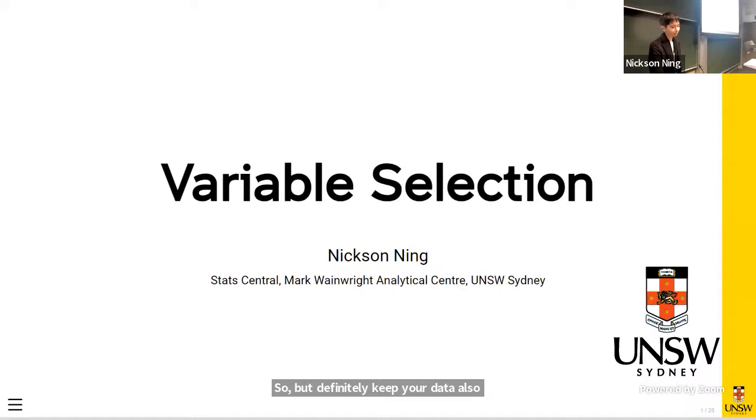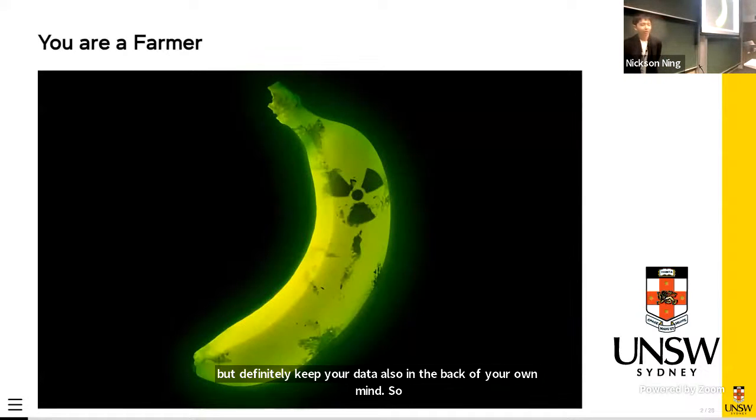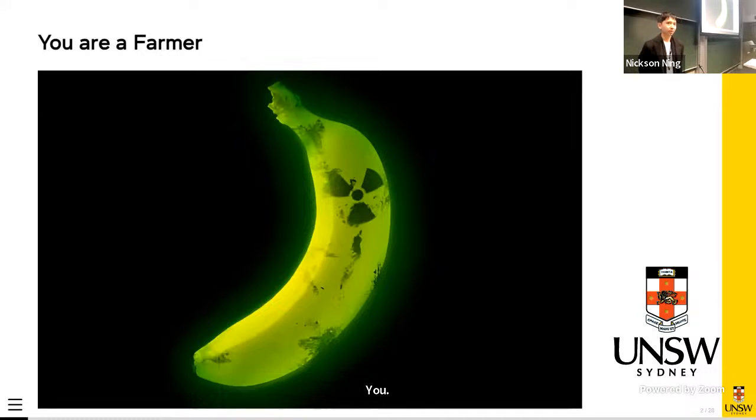So, you're a farmer. You grow bananas. That's excellent, great, fabulous. However, you recently realized your bananas are actually radioactive, and that is not so good. And so in this case, you might think, well, I'm going to collect some data. I don't know if you would actually think this as a farmer, but let's say you thought this.